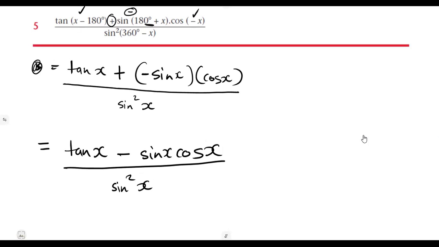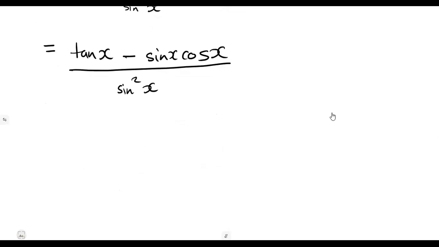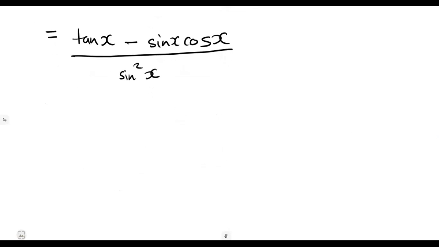Remember, we are supposed to simplify as far as possible in case there's a simplification. And as we can see, there's a tan. Remember that tan is given as what? Sine of x over cos x. So it will be sine of x over cos of x minus the sine of x, cos of x, like this. So this is simply like over 1.